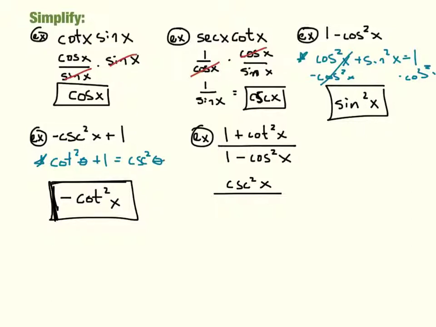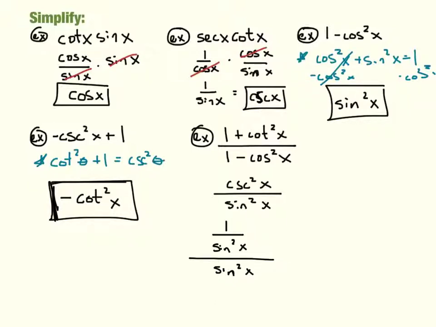From my first Pythagorean identity, I know that this is sine squared x. Cosecant squared. In terms of sine or cosine, what is cosecant squared x equal to? 1 over sine. Now, since it's squared, this is also squared. Over sine squared x.